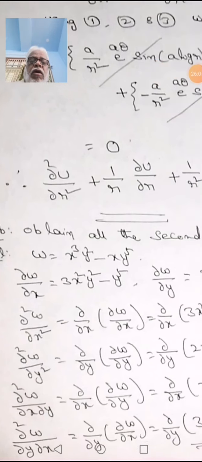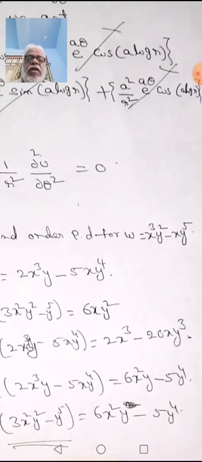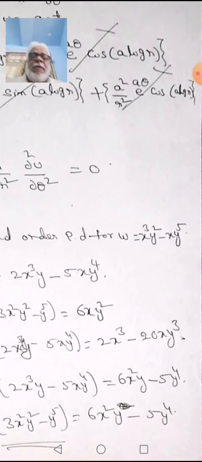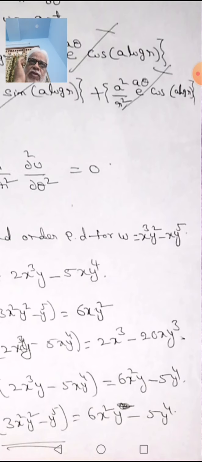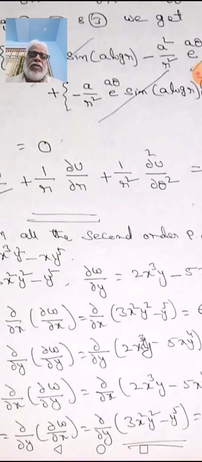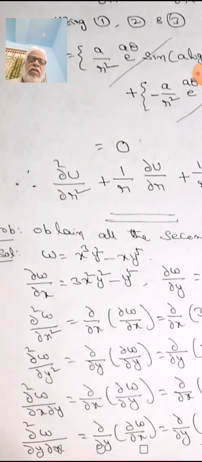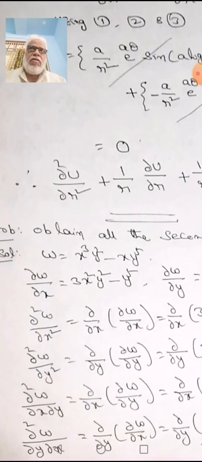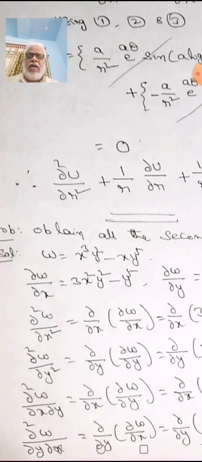Suppose we obtain all the second order partial derivatives for w equal to x cube y square minus x y power 5. First of all, we know what second order means: second derivatives. Without finding the first derivatives we cannot find the second derivatives.